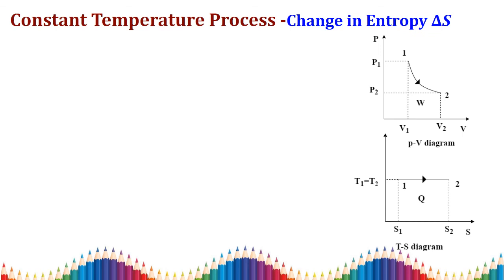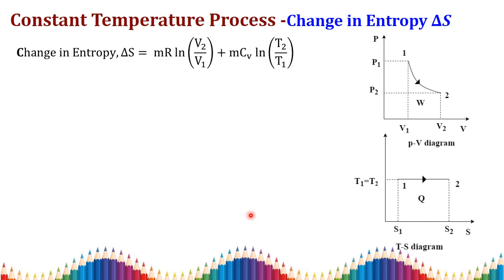Next, the last one, we are going to see the change in entropy. From the first law of thermodynamics, we already derived a change in entropy equation in terms of temperature and volume. That is delta S equal to mR into ln of V2 by V1 plus mCV into ln of T2 by T1. Here the condition is T2 equal to T1. So this ln T2 by T1 becomes ln 1, and the value of ln 1 is 0.